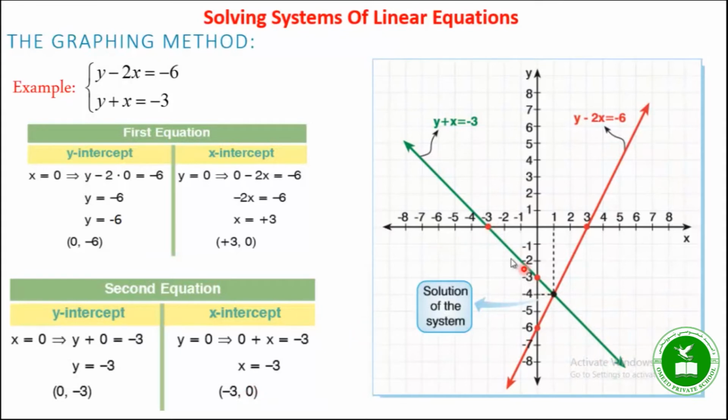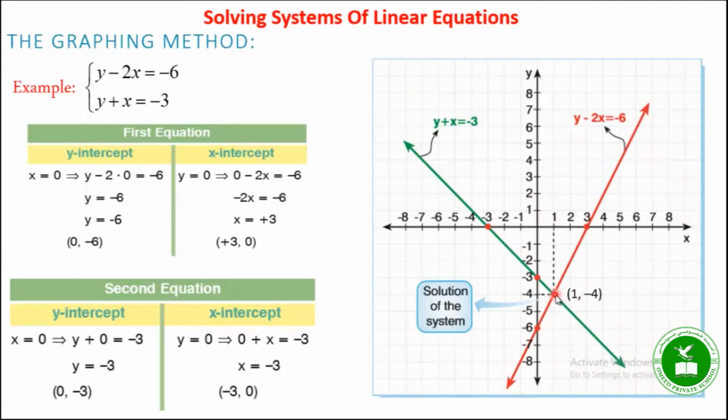We have got the green graph, y plus x is equal to minus 3. So the intersection of these two graphs is the solution of the system of equations. The solution of this system is x is 1 and y is minus 4.